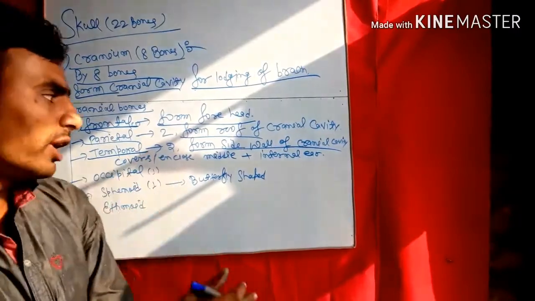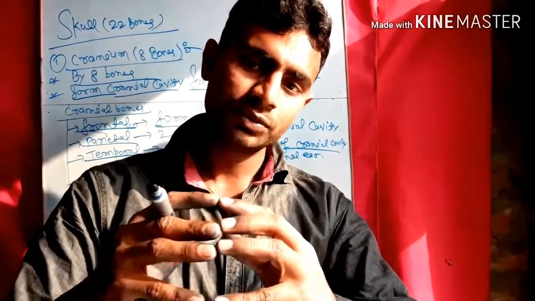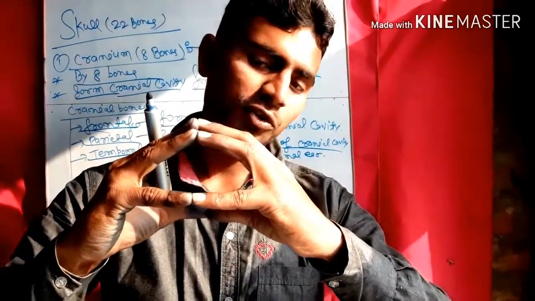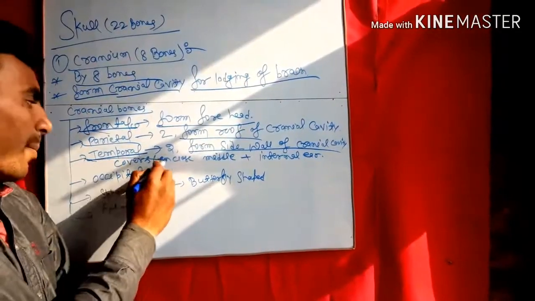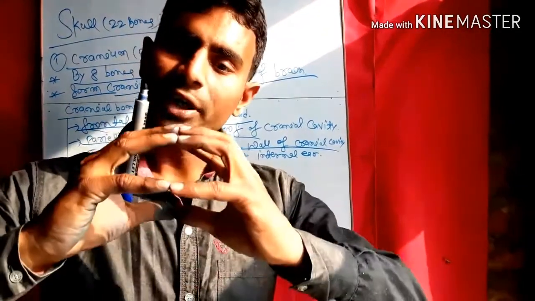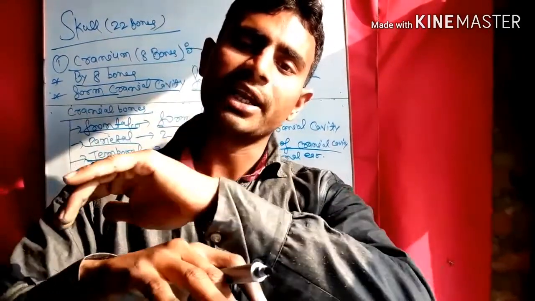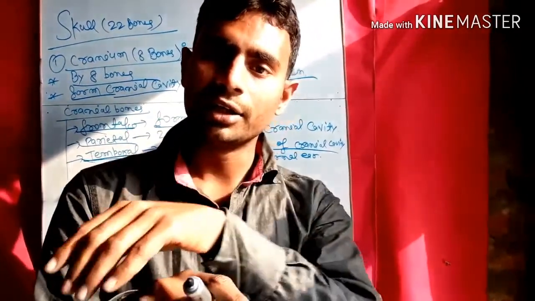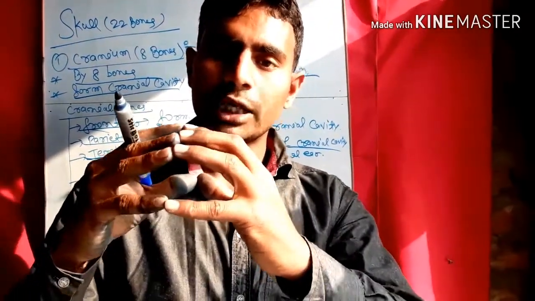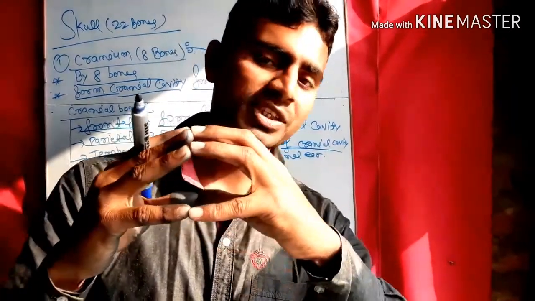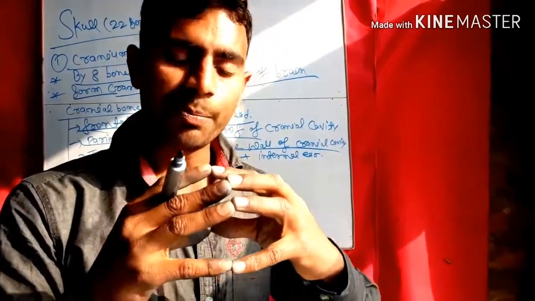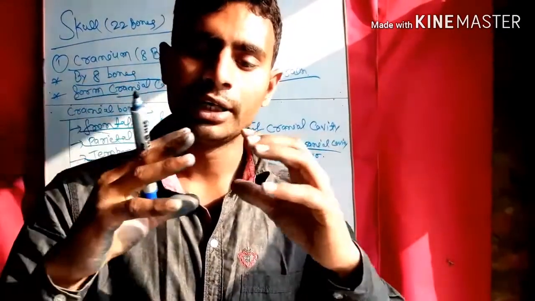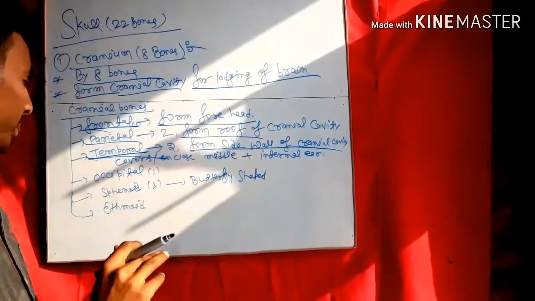And the side wall of the cranial cavity is formed by the temporal bone, which is one pair, one on the left side and one on the right side.